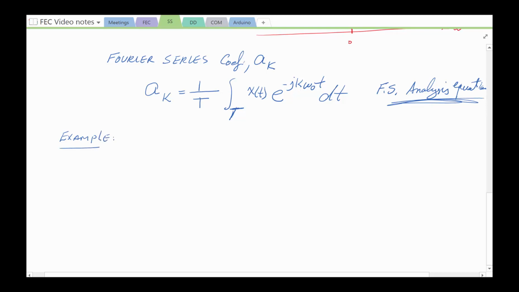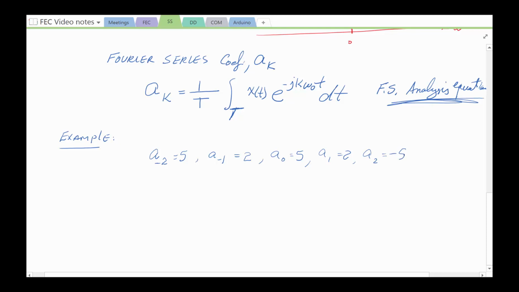Somebody comes up to us and says, hey, they've given us something simple. Let's say a of 0 is given to us as 5, a of 1 as 2, a of 2 as 5, a of minus 1 as 2, and a of minus 2 as minus 5.